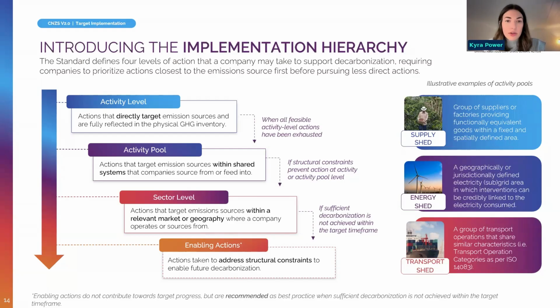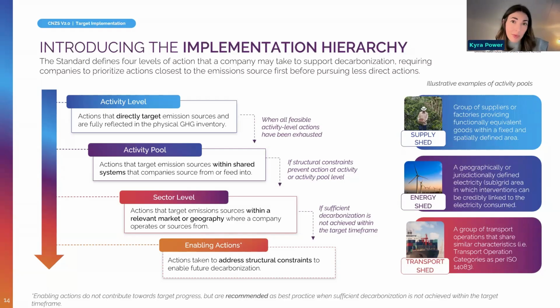In some situations, structural constraints may limit action at the activity or activity pool level. These constraints may include limitations in available technology and infrastructure, supporting regulation, or existing markets. In such cases, action may occur at what we're calling the sector level. In other words, this is outside of a defined activity pool, but within a relevant market or geography.